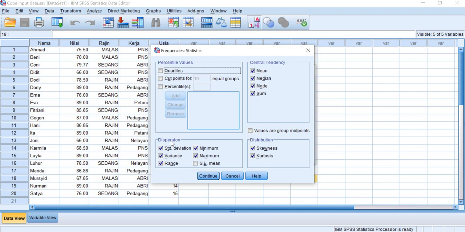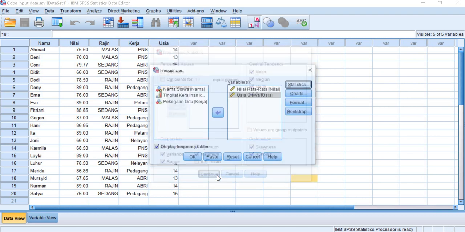Then the dispersion is the variety of the data, whether the data is spread widely or whether it is homogeneous. We can click standard deviation, variance, range, minimum, maximum, and also the distribution. It is to know whether the data is distributed normally or whether it's skewed to the left or to the right. And we also need the kurtosis.